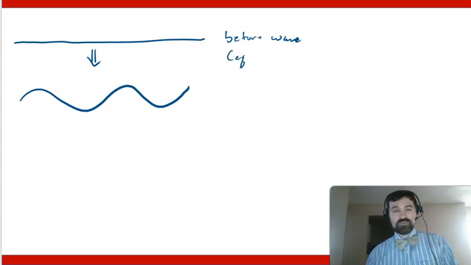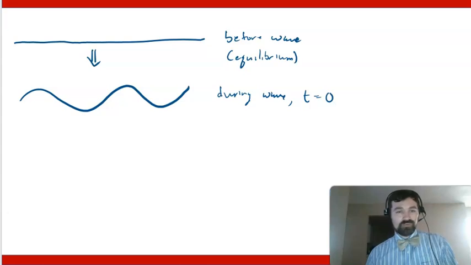So this would be at equilibrium. And then this maybe is during wave at some time. Let's say t equals 0. And then a little while later, the wave may now look like this.